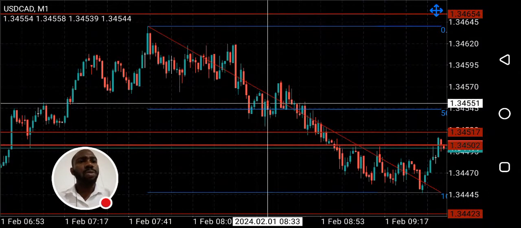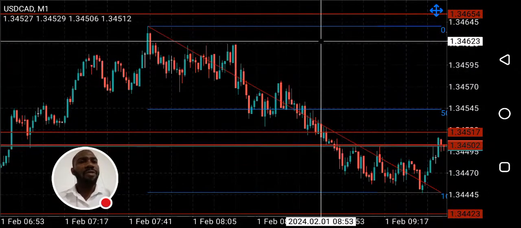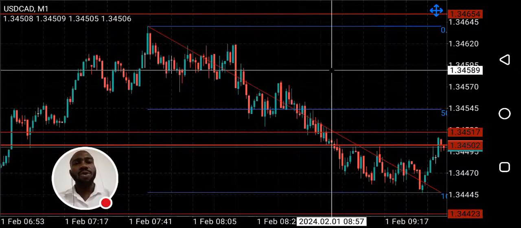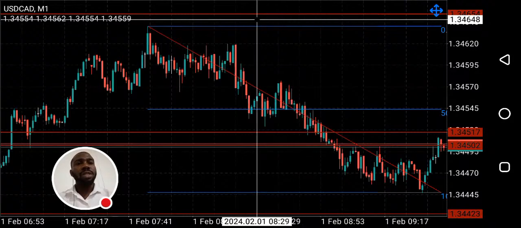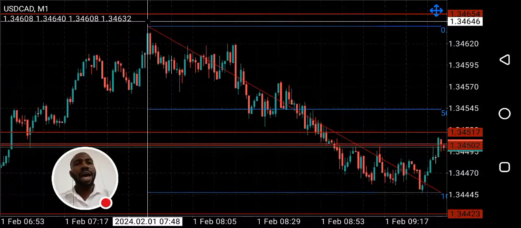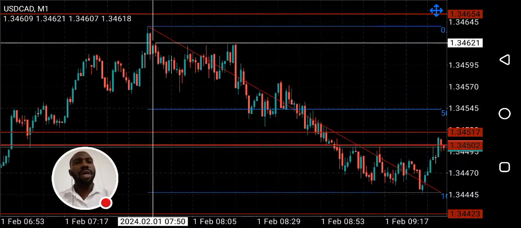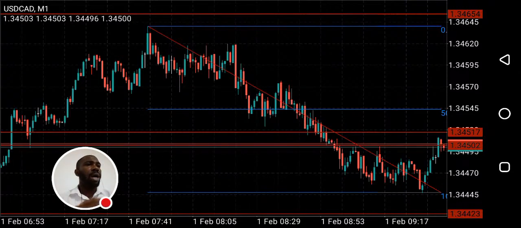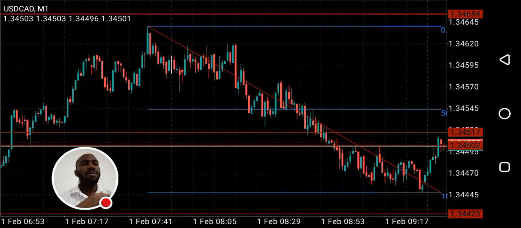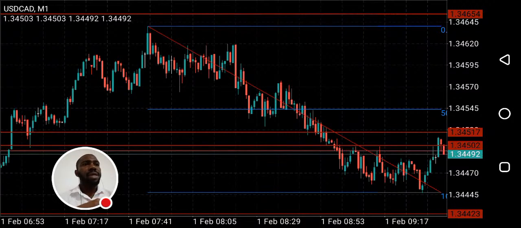Wait for price to pull back to premium above level 50. Like I said, if you don't want to wait, you could execute sell and set your stops a few pips above the high of this candle. So I'm looking for sell opportunity on USD CAD, buy opportunity on EUR/USD. I hope that is clear.